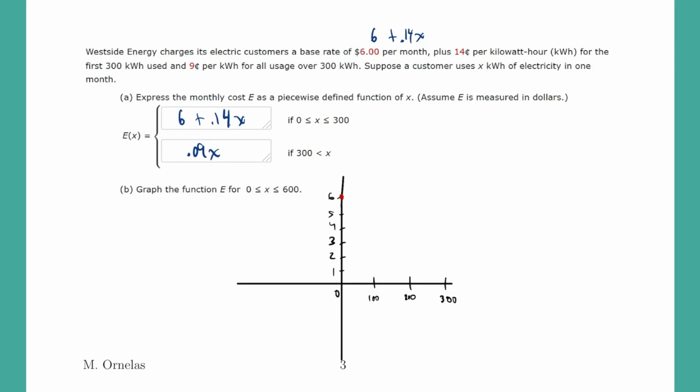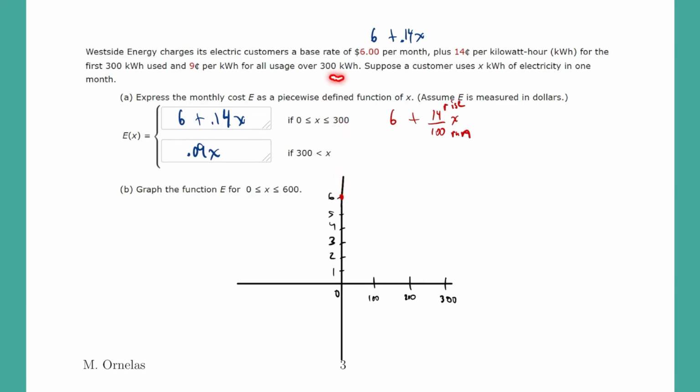That's our y-intercept. And then our slope, you can rewrite your slope if you'd like as 14 over 100 because that's the same thing as 0.14. And now you have a rise over the run. So you're going to go up 14 units. So imagine going up 14.